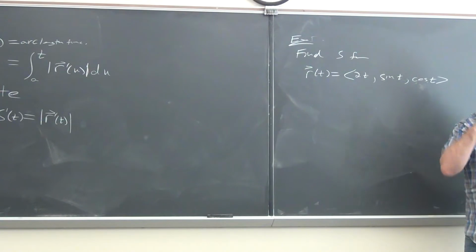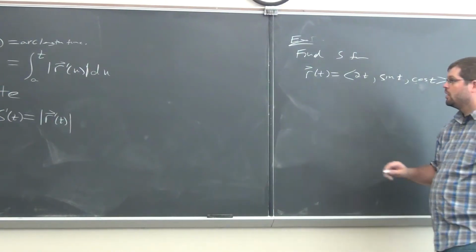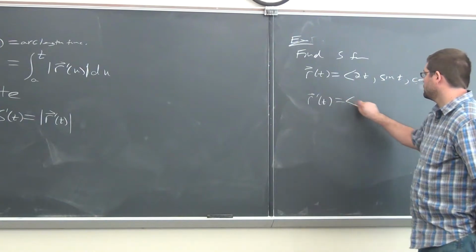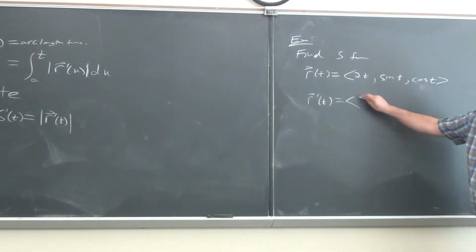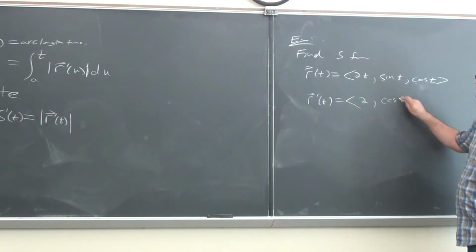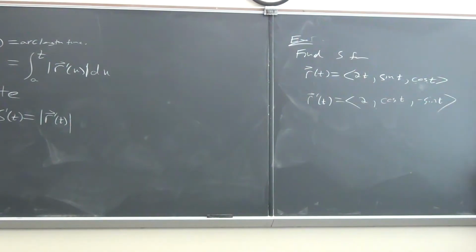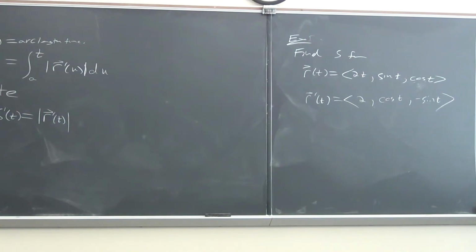All right, so this one's got a nice simple solution to it. What's r prime of t? 2, cosine. Okay, good. 2, cosine, negative sine. Does that make sense?